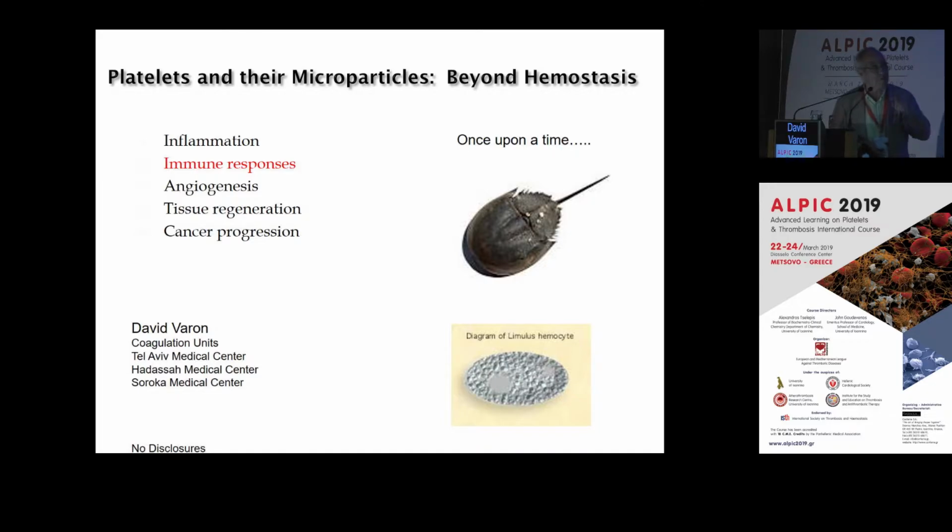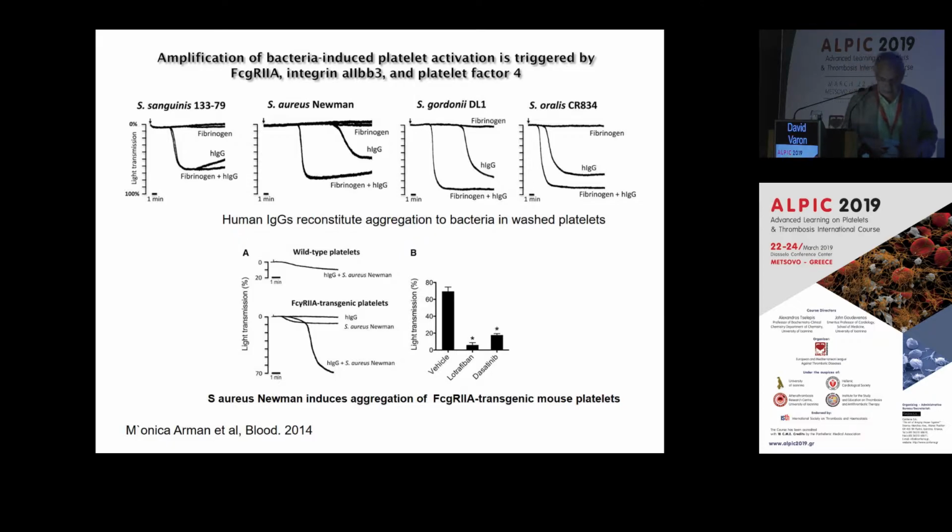How about immune response? Here is a very interesting and good work by the group of Steve Watson from Birmingham, showing that amplification of bacteria-induced platelet activation is triggered by Fc gamma R2 receptor, integrin alpha-2b beta-3, and platelet factor 4.